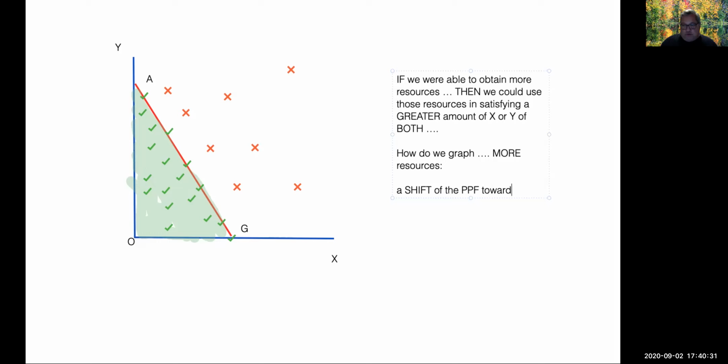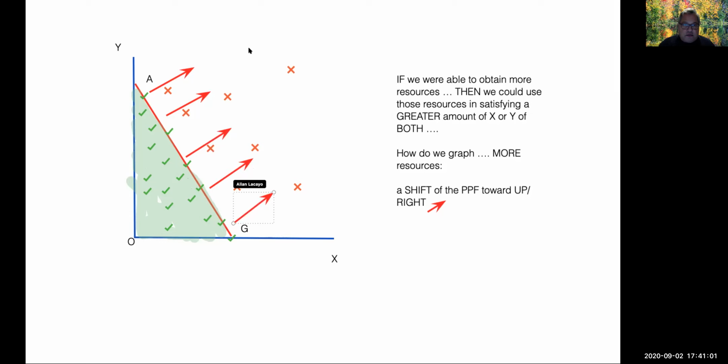So up or right, in that direction. Okay. So more resources would imply that the red line that we see here would essentially expand outward like that, in that direction.